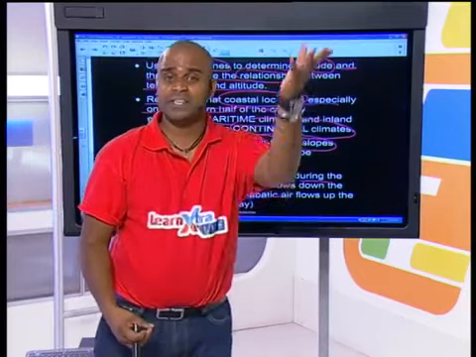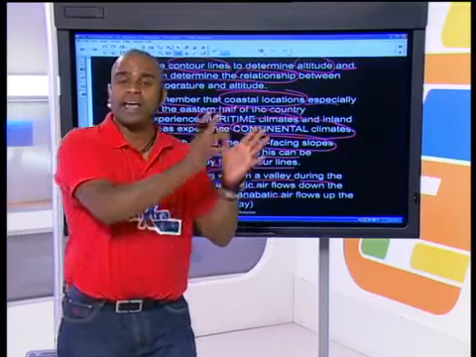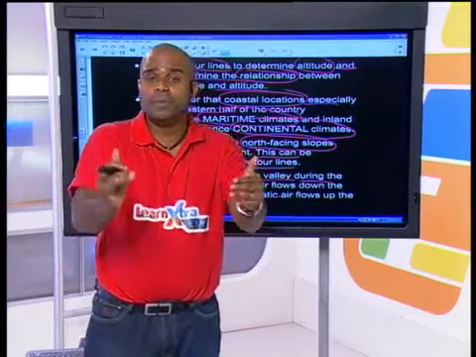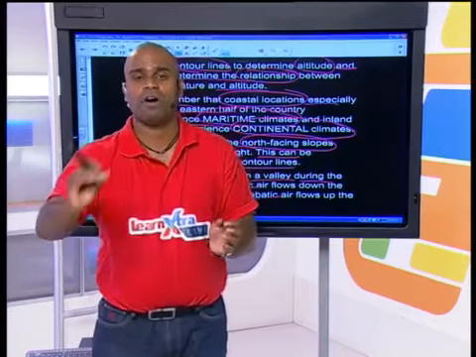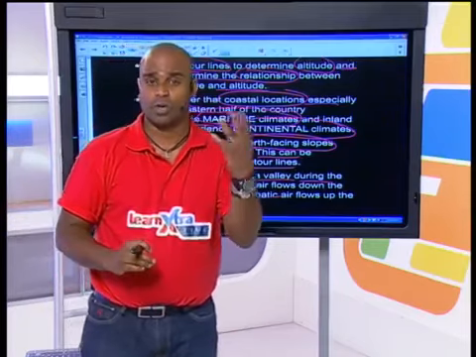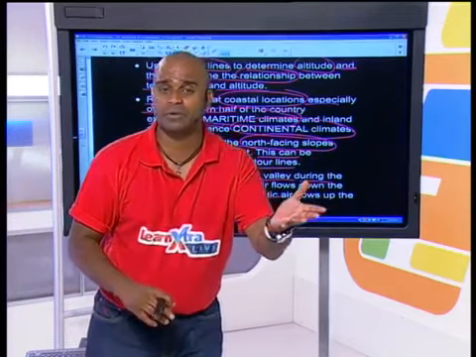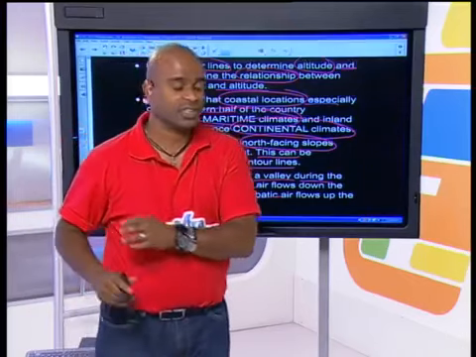Remember, anabatic is during the day, katabatic is during the night. When we look at a topographical map, we should be able to determine, according to the slope, the type of anabatic or katabatic airflow that occurs. What you should remember is anabatic flow occurs during the day and katabatic during the night.